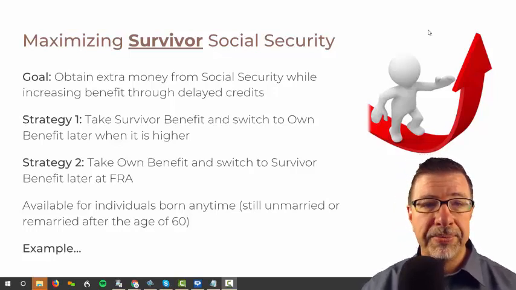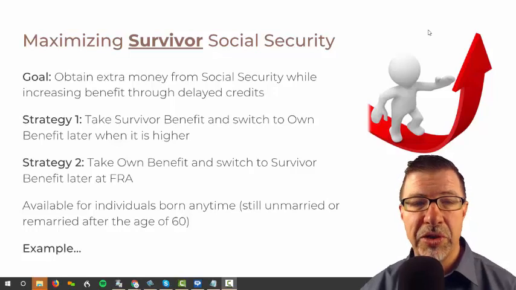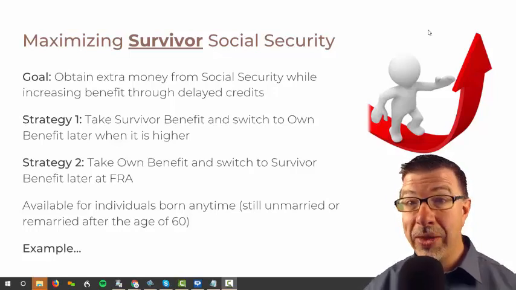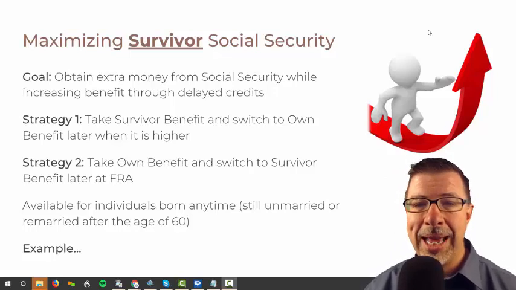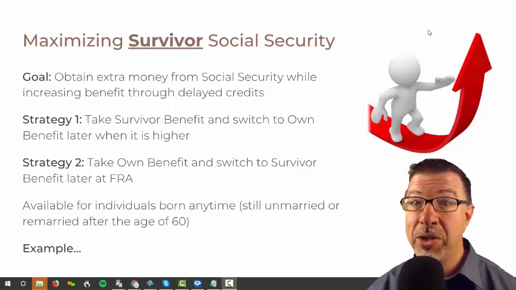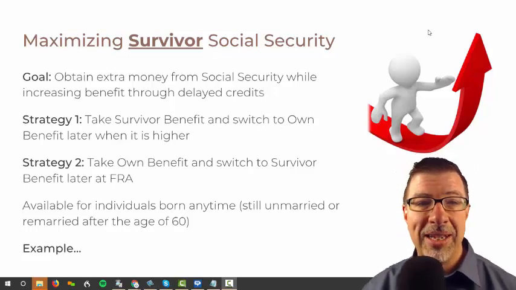So strategy 1 would be one in which your own benefit by waiting will be higher than the survivor benefit. In that case, you would take the survivor benefit first, and then by delaying, you're able to switch to your own benefit, which has grown to be higher by the delayed credits.